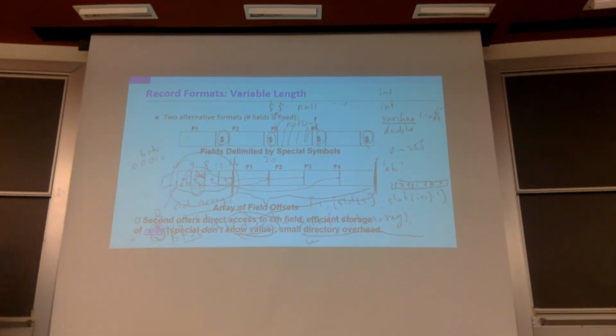That's another way to do that. So basically, you can use the first alternative or the second alternative without especially handling that null value in the slot array or somewhere else. You can just append the bit array to the beginning or the end or whatever offset you want of these records, to indicate whether some of the fields are null. That's also an alternative.